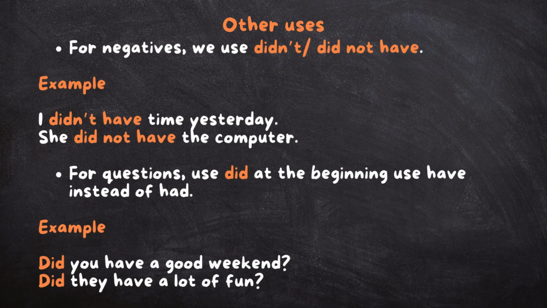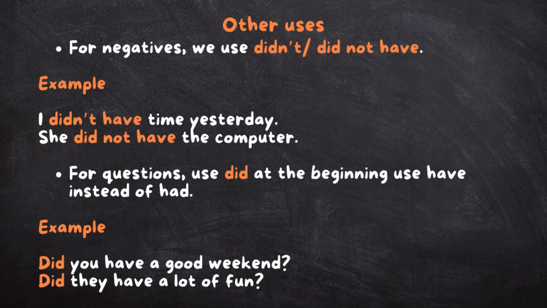Now remember, when we are using the verb to have in the past tense, but also in a negative way, the main form of the verb to have does not change. The only thing that changes is we add didn't or did not to it. So we see in the first sentence, I didn't have time yesterday, the main form of the verb to have, nothing has been done to it.